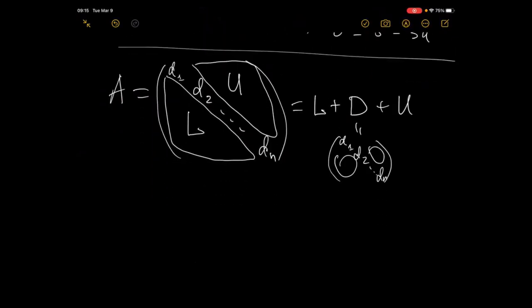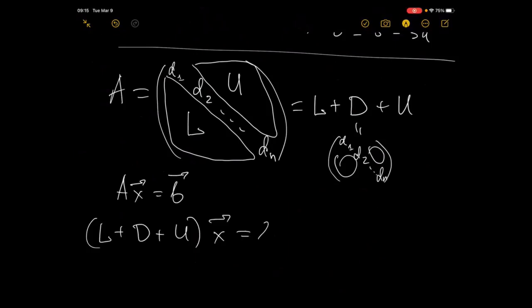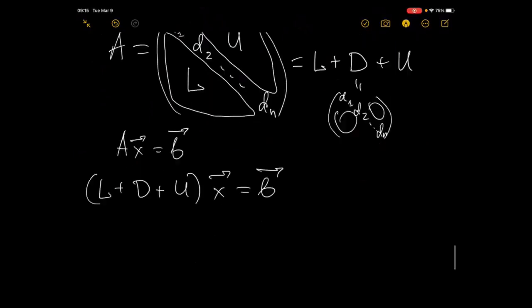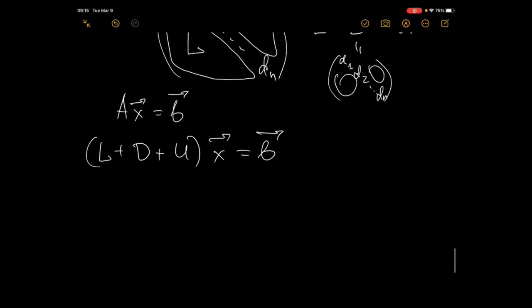And then your AX equals B system of linear equations can be represented as (L plus D plus U) X equals B. And then you can reformulate the Jacobi method in the following form.